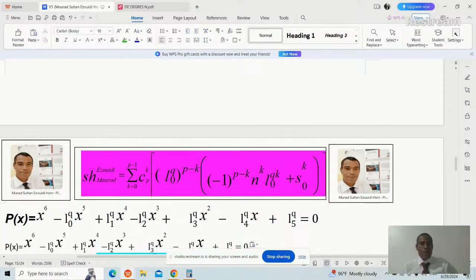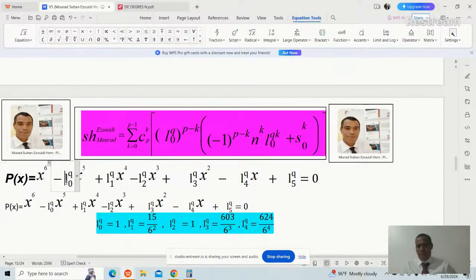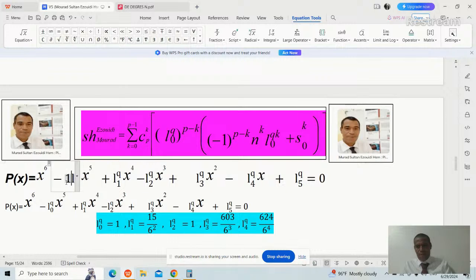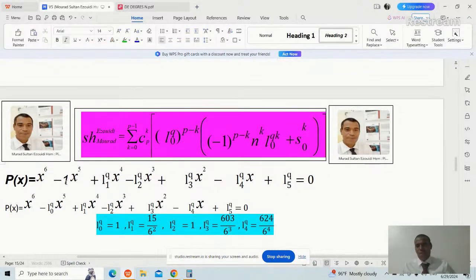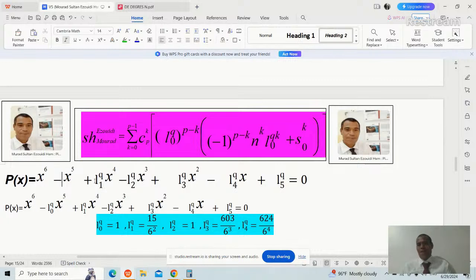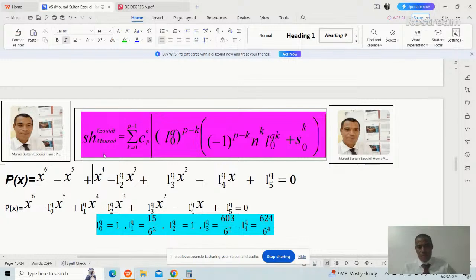Now I will write here exactly. Okay, this is, we told, is 1. It is 1, so it's clear. Okay, plus, learners, exactly plus.